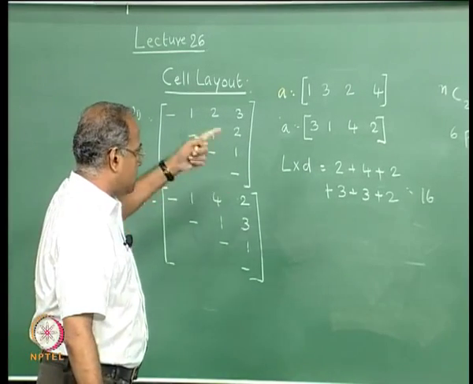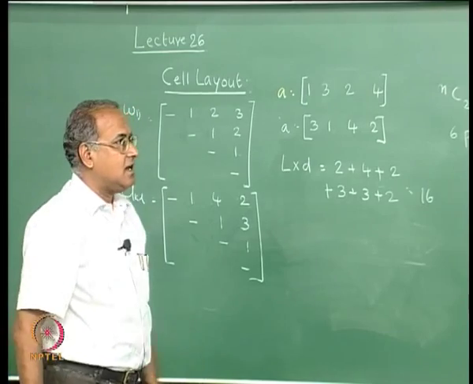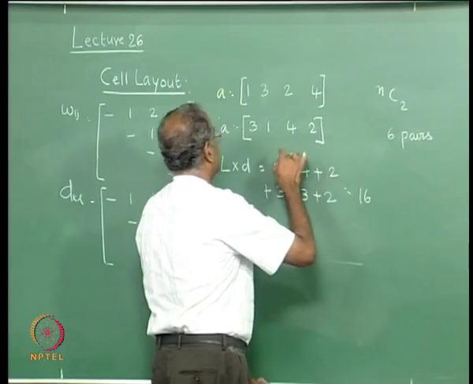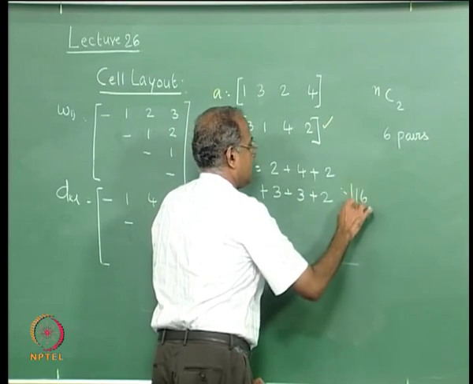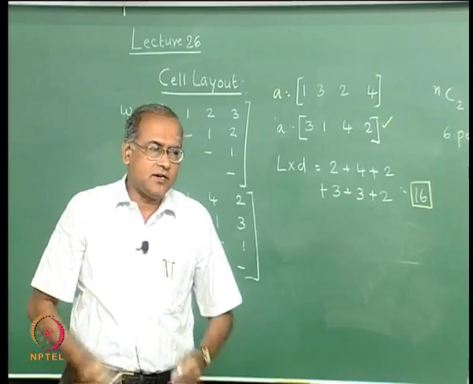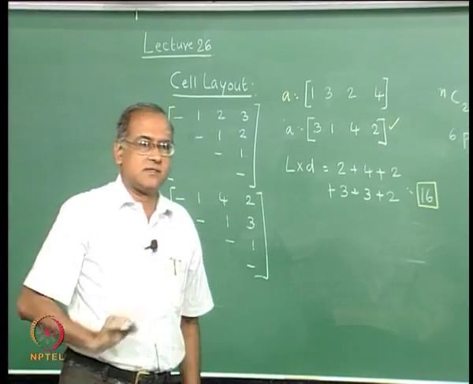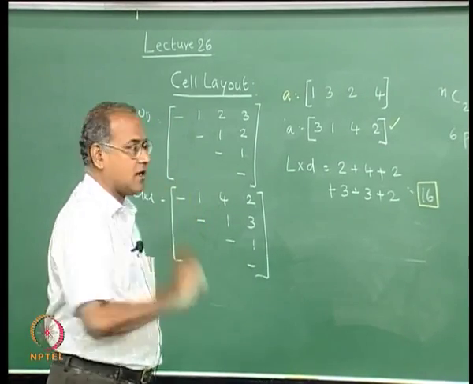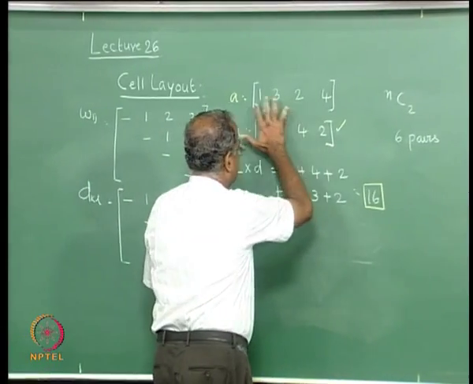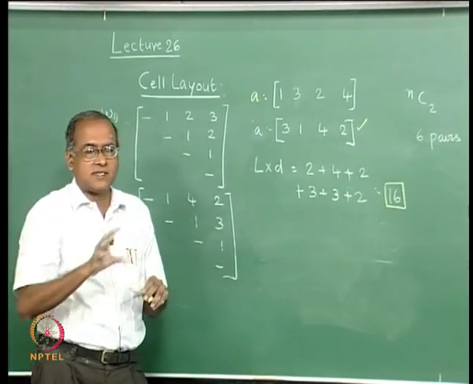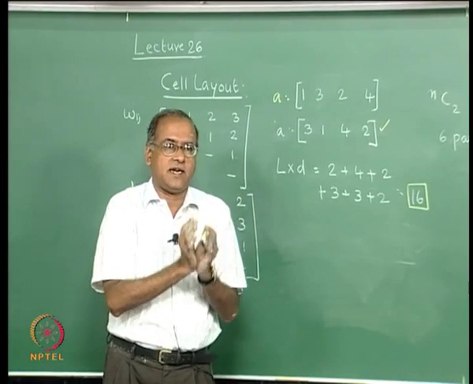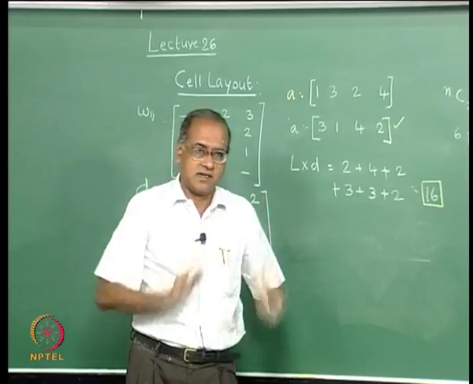We can continue to do these pairwise exchanges, and for this problem we realize that the best solution is 3 1 4 2 with value equal to 16. We need to answer 2 questions before we freeze on this algorithm. First, the quadratic assignment problem assumes that there are an equal number of sites and facilities.